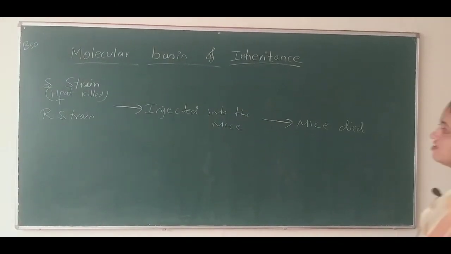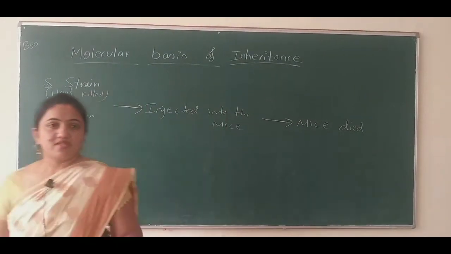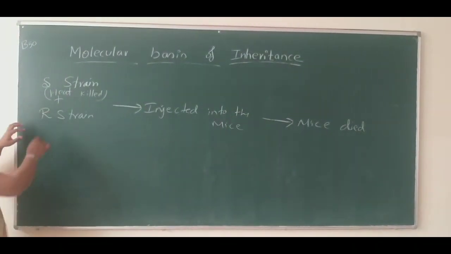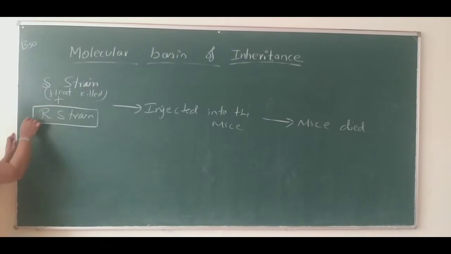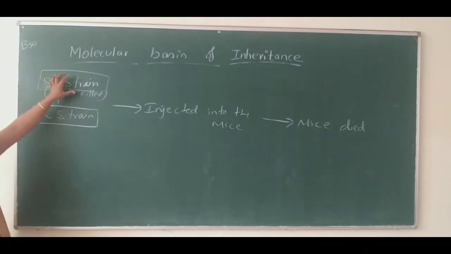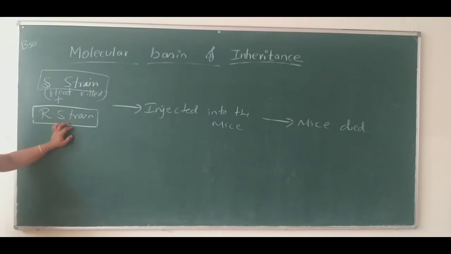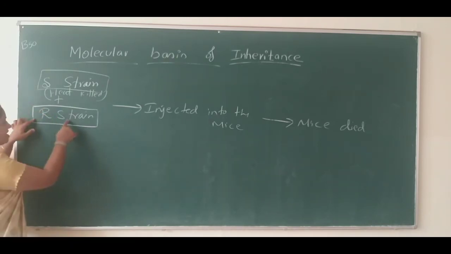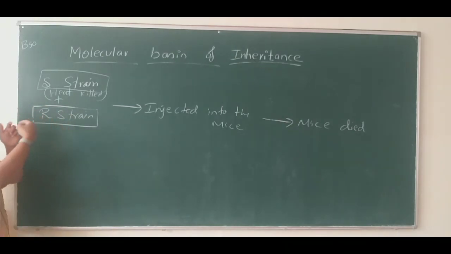So, we have the fourth experiment here. The result is the R strain genetic material transformed by the S strain. Whatever genetic material the S strain had gets transformed into the R strain bacteria, so that this R strain bacteria becomes virulent bacteria.